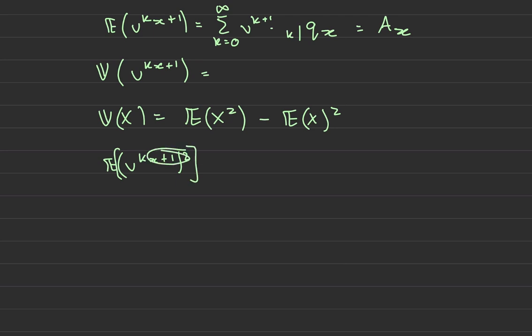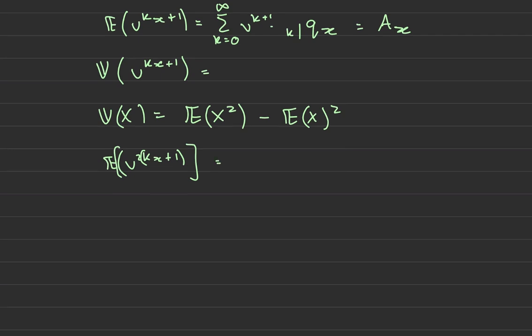But I can multiply the exponents, so I distribute that 2 in there. And it looks something like that. But that's just the same thing as raising v squared to the power of K_x plus 1. So what I've essentially done is changed the interest rate.